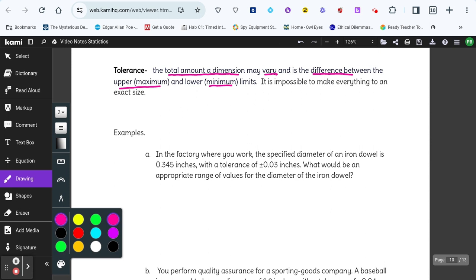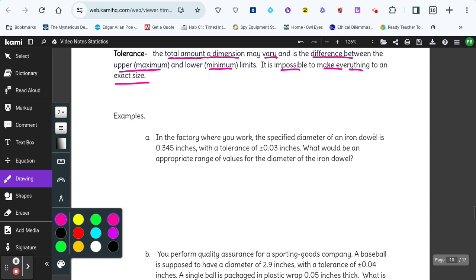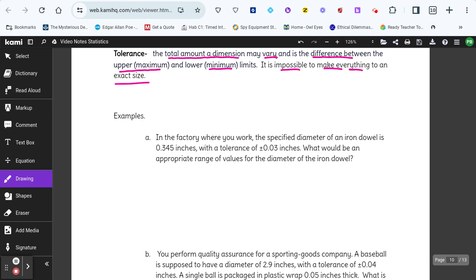Because in real life, it's impossible to make everything to an exact size. There's going to be some discrepancy to whatever you're measuring or trying to make. Okay, because we're not perfect, so we can cut things or make things kind of close to what we want, but it won't be perfect.